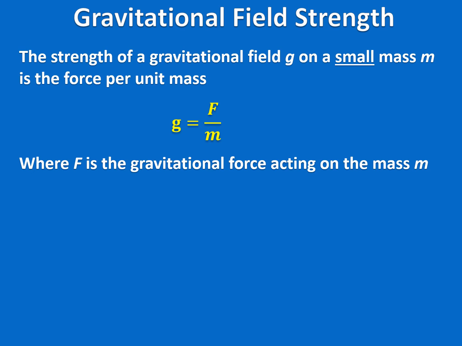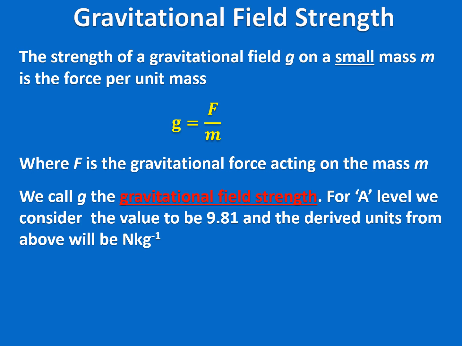F would be the gravitational force, m is the mass of the object. At A level, we consider g to be 9.81, and the derived units would be newtons per kilogram.